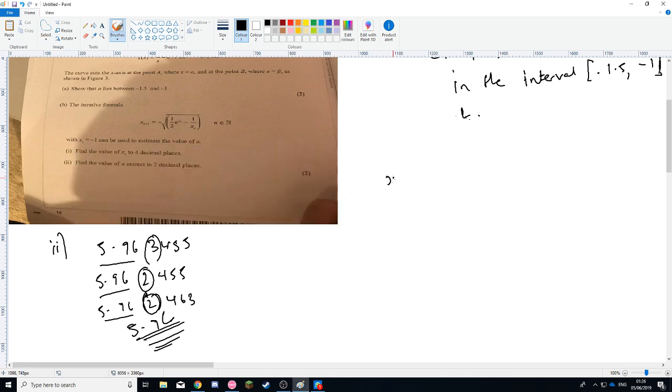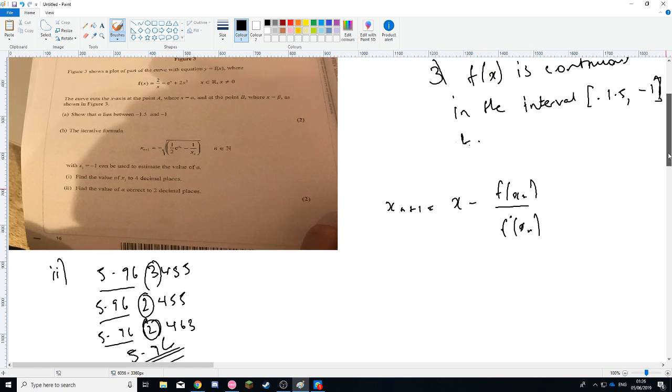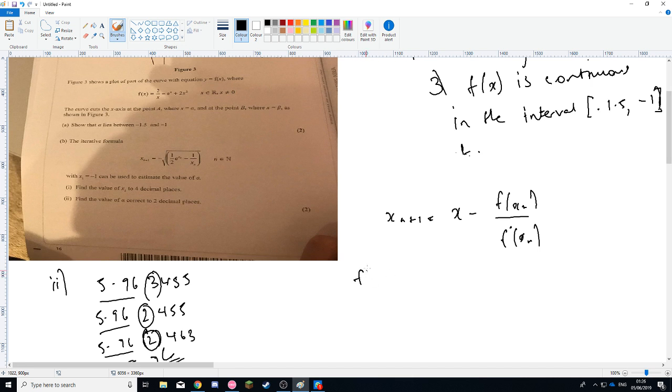Newton-Raphson is x n plus 1 is equal to x n minus f of x n over f prime of x n. f prime of x is equal to minus 2 over x squared minus e to the x plus 4x. That is your f dash x.